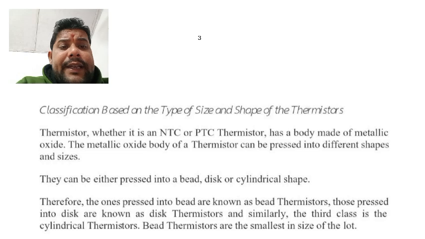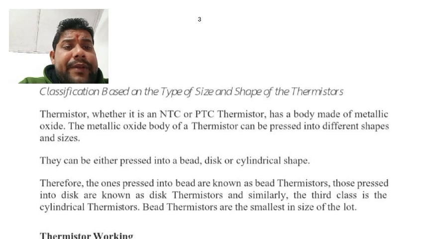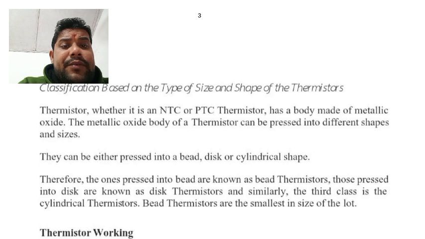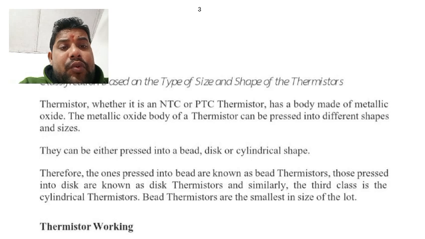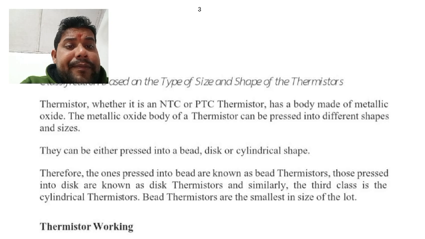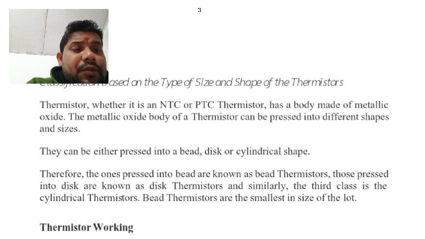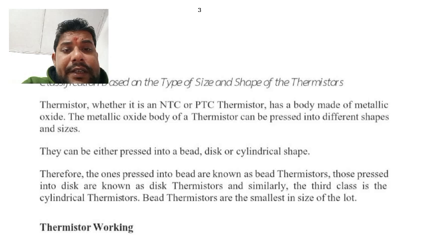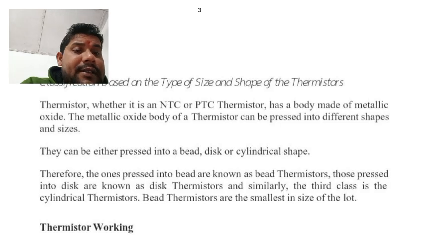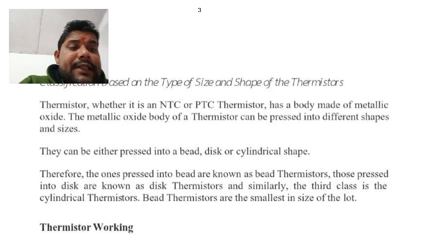They can be pressed into beads, discs, or cylindrical shapes. Those pressed into beads are known as bead thermistors, those pressed into a disc are known as disc thermistors, and similarly the third class is cylindrical thermistors. Bead thermistors are the smallest in size.